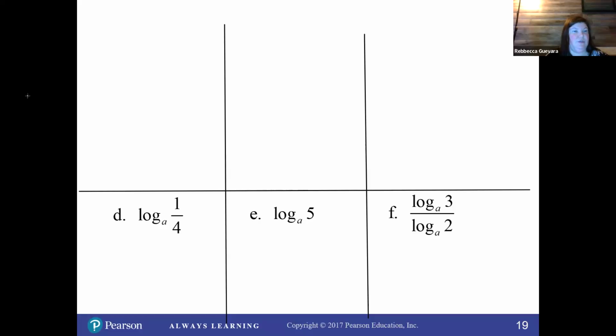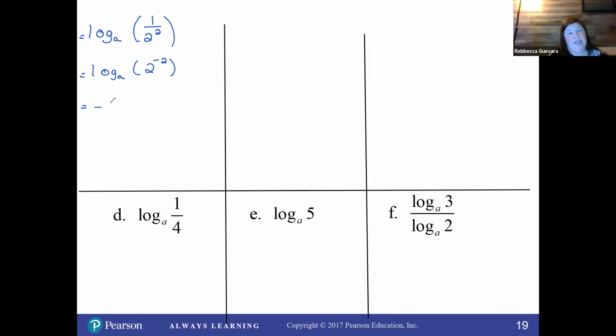Okay, so for our last ones here, for D, we've got log base A of 1/4. So 1/4 is just 1 over 2 squared, which we can write as log base A of 2 to the power of negative 2.